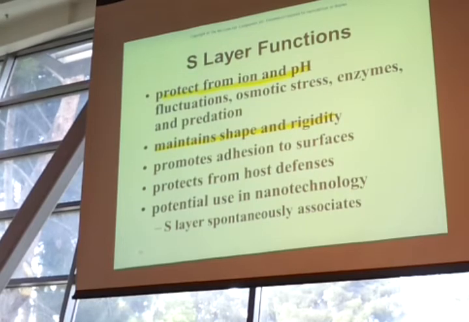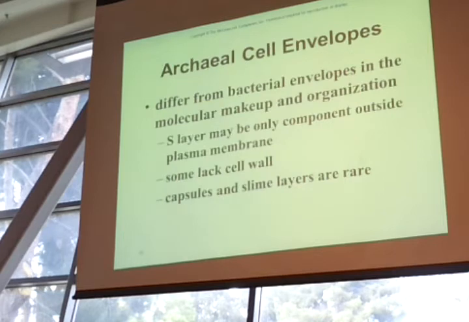So normally what gives shape and rigidity to a cell? The cell wall, and specifically the peptidoglycan layer of the cell wall. So if you have something that doesn't have a cell wall, then the S layer could be very functional for that. Also, adhesion to surfaces, protection, and then I mentioned the potential use of nanotechnology.